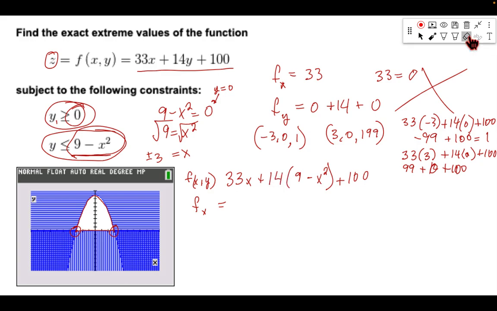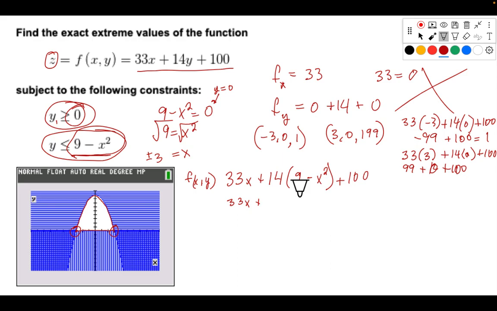Actually, before I do that, let me simplify this a little bit by distributing the 14. So I get 33x plus 14 times 9 is 126. I better check the 126.